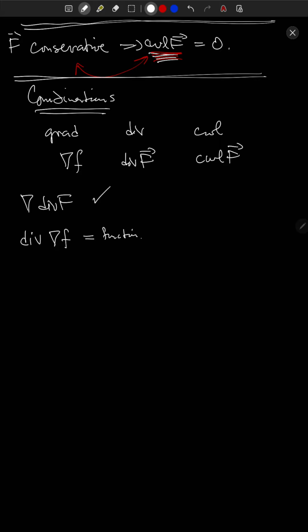And if you write it out in 3 dimensions, this is going to be d squared f dx squared plus d squared f dy squared plus d squared f dz squared. In 2 dimensions, you wouldn't have the z term. In 4 dimensions, you would add a term, 5 dimensions, you would add another term, and so on. If you just write out the meaning of gradient f and the meaning of divergence, this is literally what you get. So nothing fancy happened here.